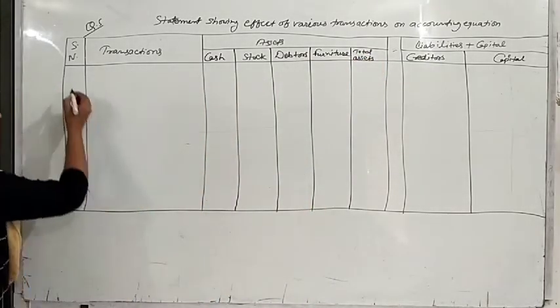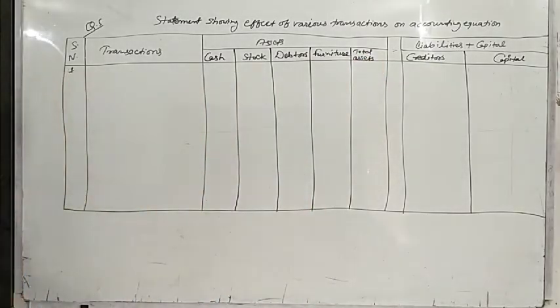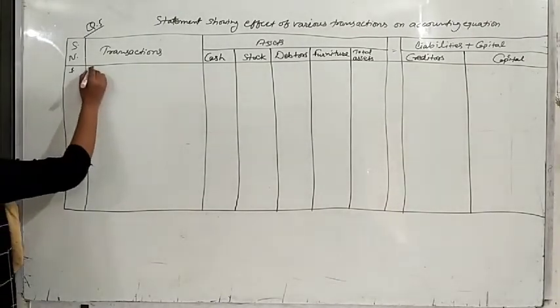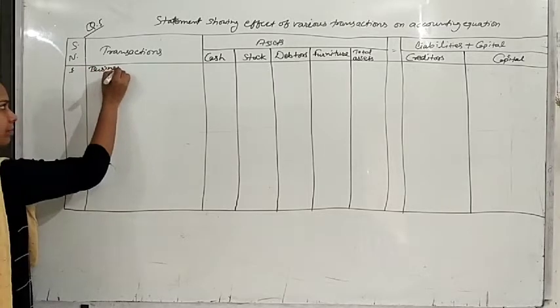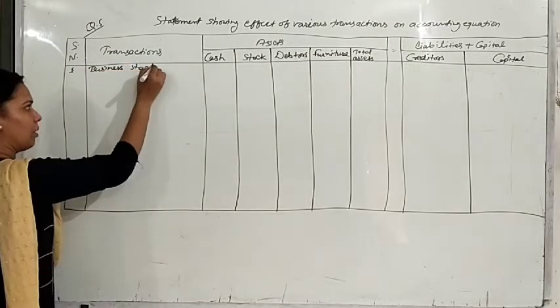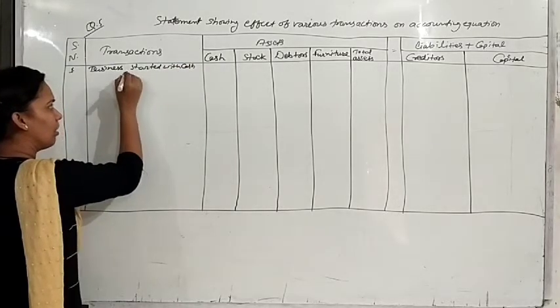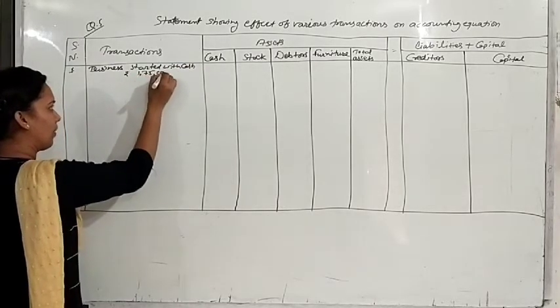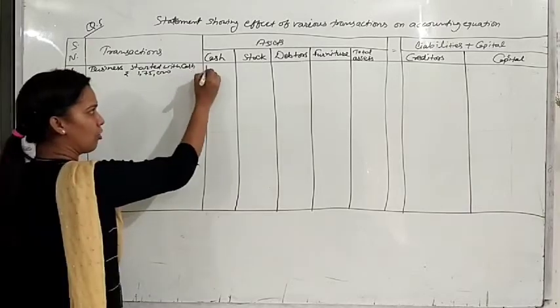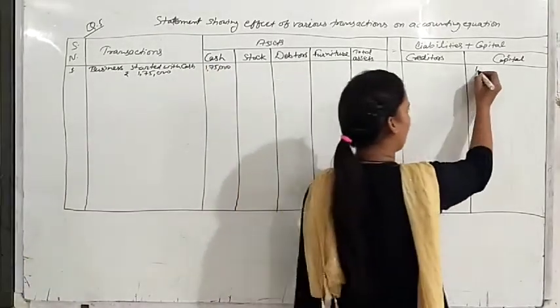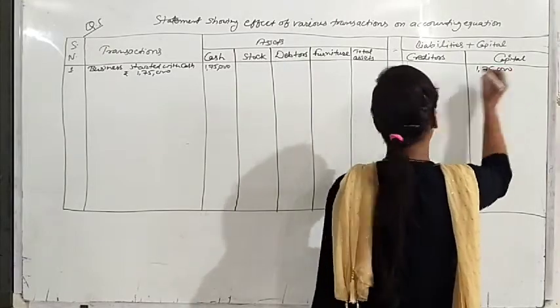Yes, let's start with the first transaction. First transaction is business started with cash 1,75,000. So your cash will increase by 1,75,000, and second, your capital will increase by 1,75,000.